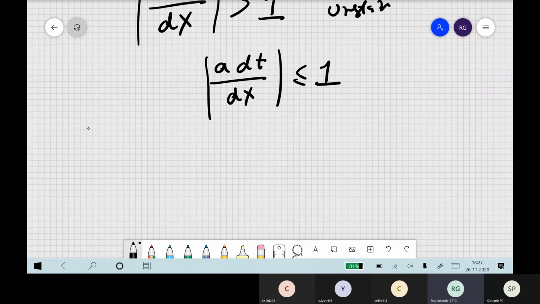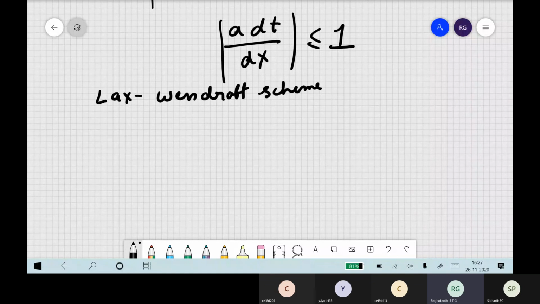Now you can go for higher order terms also. As already told, the Lax-Wendroff schemes are there. Here you express the Q function in terms of a Taylor series.